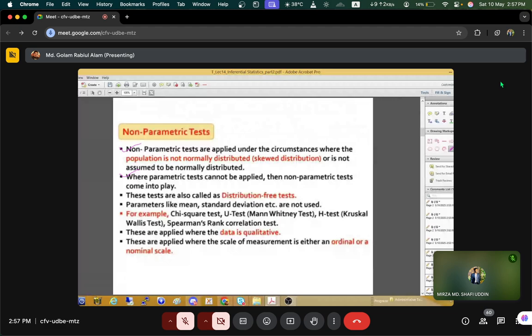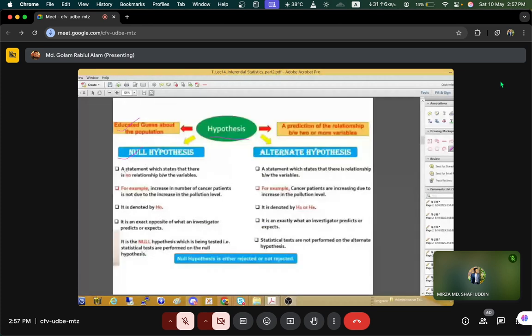The null hypothesis is a statement which states that there is no relationship between the variables. That is the current fact or common belief. So that is our null hypothesis.